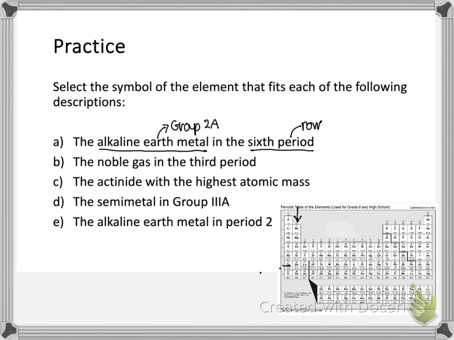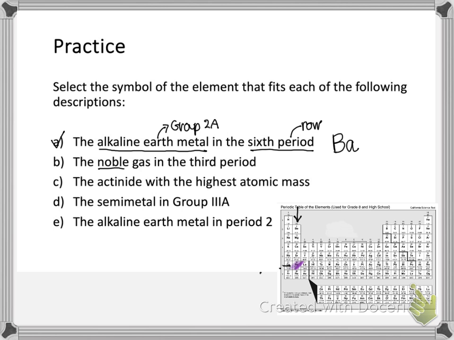So the alkaline earth metal that's in the 6th period is right there, which is barium. Okay, so that would be the symbol.